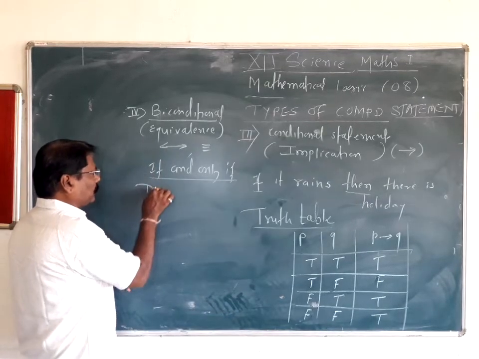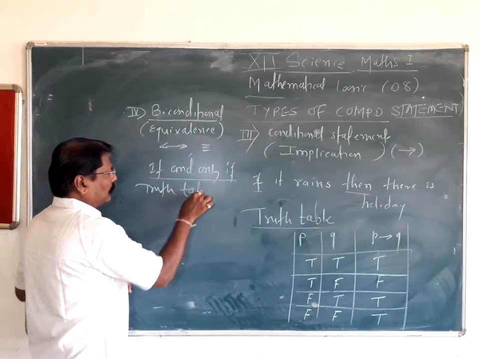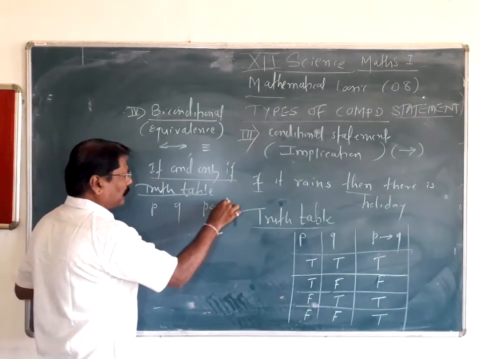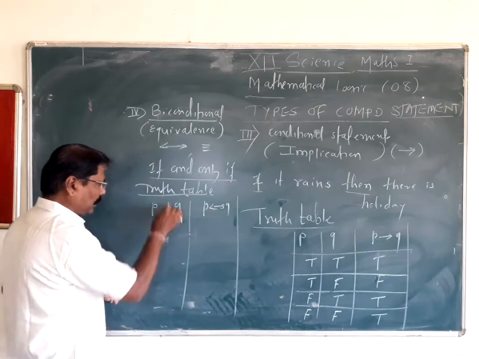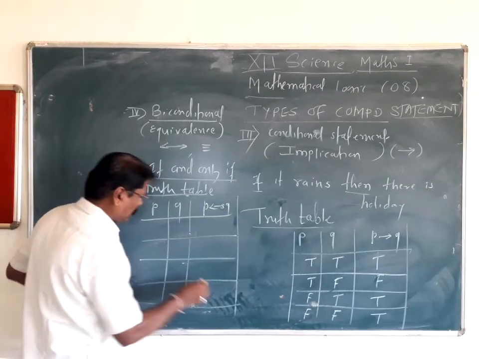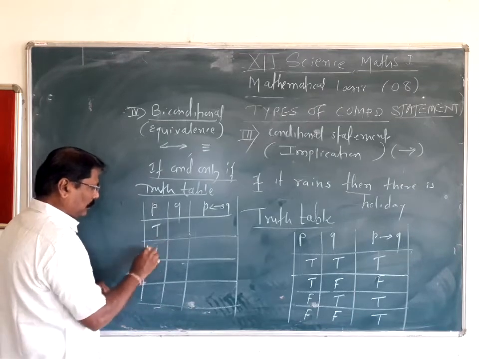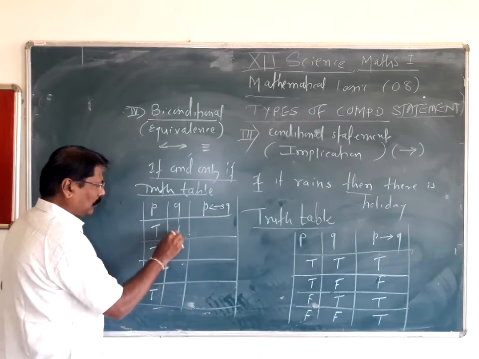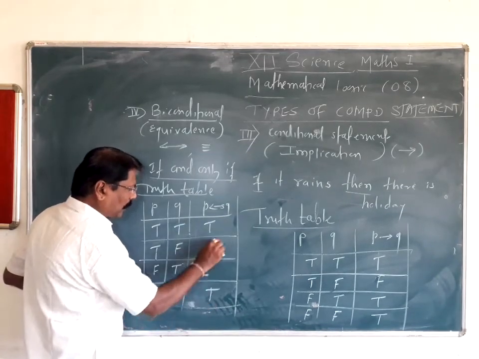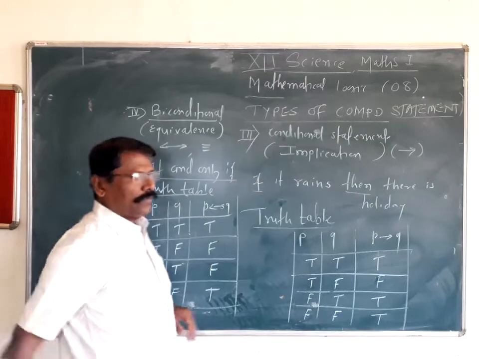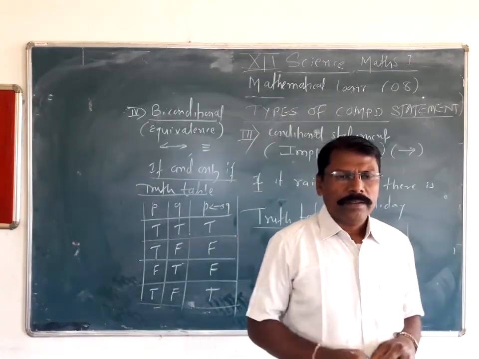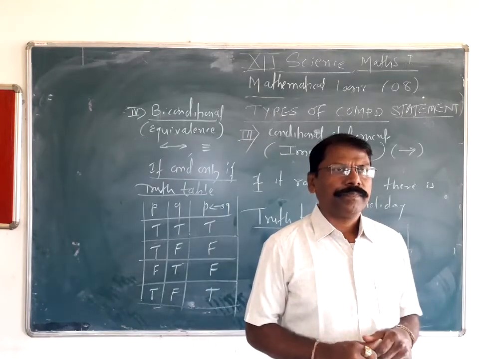Its truth table: P, Q, P implies and implied by Q. It is true when both are the same, otherwise false. So these are the compound statements.